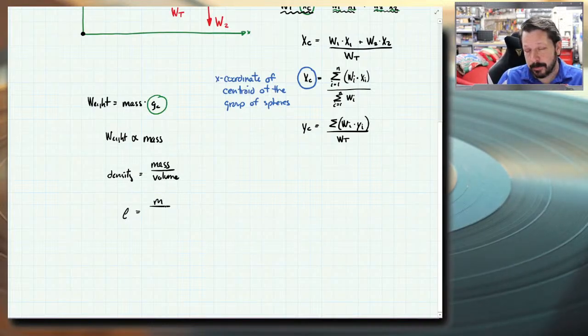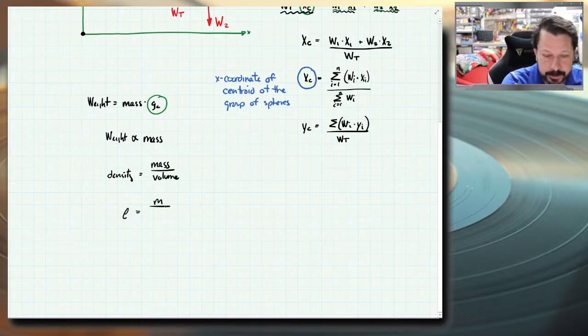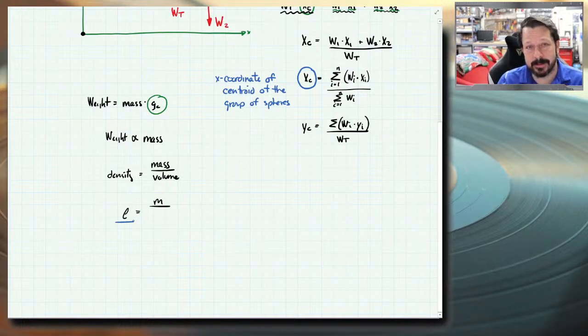Again, we're going to assume that most materials that you work with in an engineering context are going to have a constant density. It's not necessarily true. There could be materials and even reasons why one piece of a thing that you're working on has one density, and then it changes that density in the cross section or along its length or something like that.